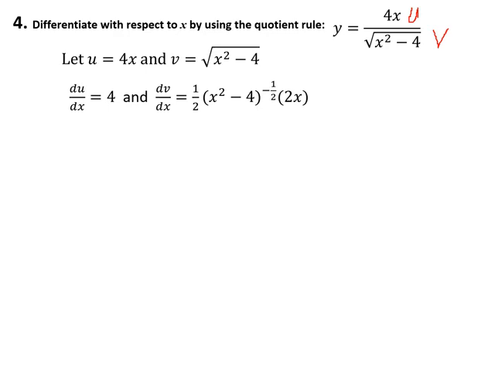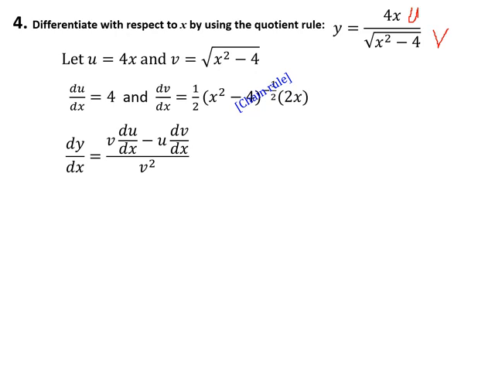Then the derivative of that, again, we use the chain rule to do that. I'm not going to go into the detail on how to do that. Then we write down the formula that I said will be on our formula sheet.